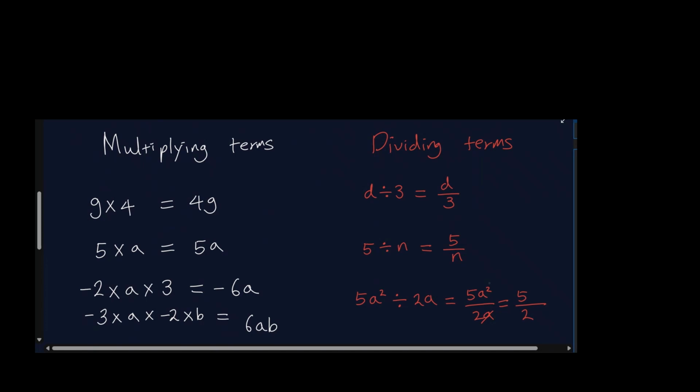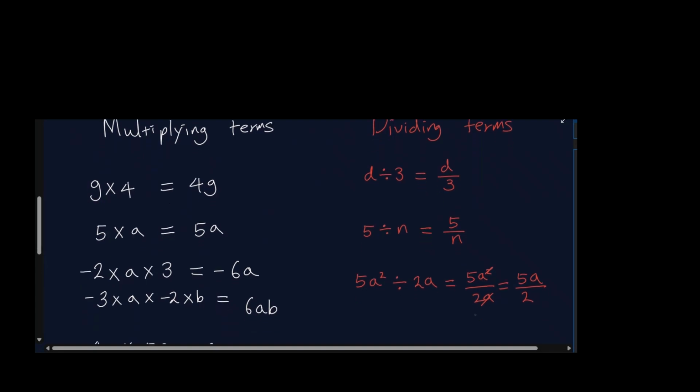So we got a times a. So 1 of a will be cancelled out with the bottom one. So we will have only 1a left. So on the top, we have 5a left. At the bottom, the a has cancelled out, so we only have 2. So that's the answer for the dividing terms.